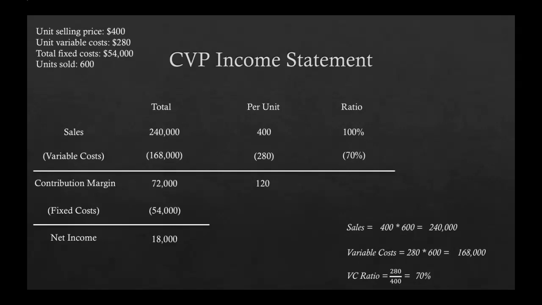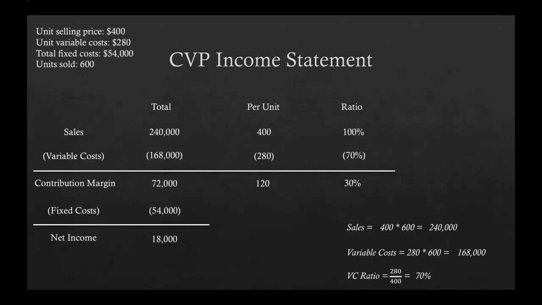And once again, for our contribution margin ratio, there are multiple ways that we can get this answer. We could go 120 divided by 400, right? Take our contribution margin per unit and divide it by our sales. Or we know that sales minus variable equals contribution margin, so 100% minus 70% gives us a contribution margin of 30%.